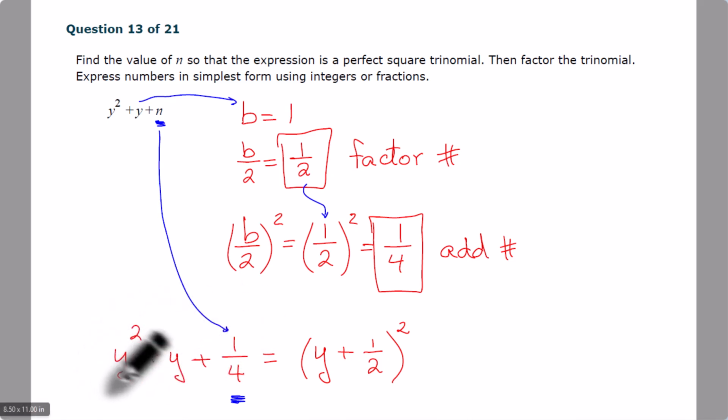And this thing would factor as y plus 1/2 squared. And that's the beauty of this. I don't have to wonder how this thing factors. I'm guaranteed it will always factor as your variable, your factoring number squared.